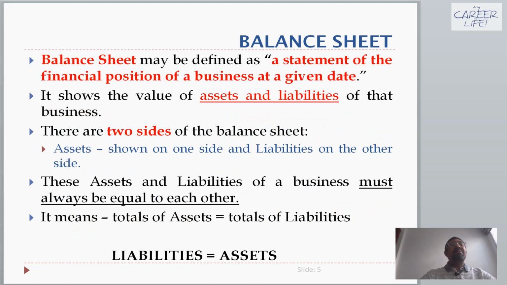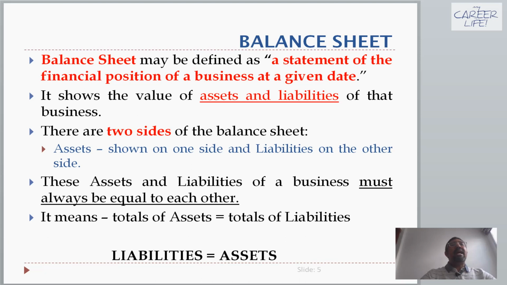Now, for us to be able to determine the net worth of a business, we need to have a balance sheet. A balance sheet, therefore, may be looked at as a statement of financial position of the business at any particular period in time. So this balance sheet shows the value of the assets and liabilities of that particular business.